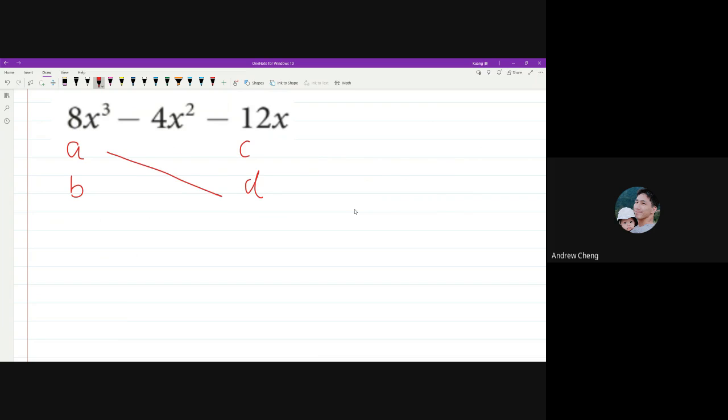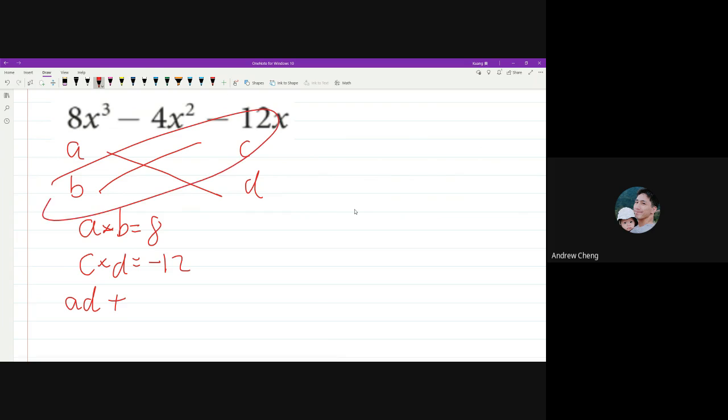First, a times b equals 8. And then c times d, remember the negative. And then AD plus BC equals -4. All right.